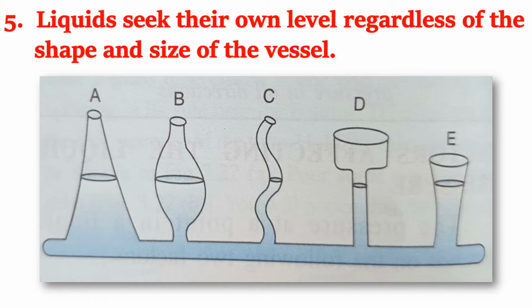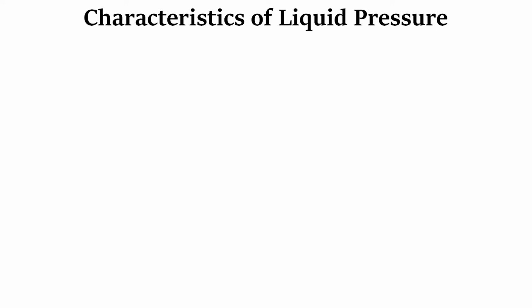But what do we notice? We notice that the height of the level of liquid in tubes of different cross section always remains the same, although the volume of water is different in different tubes, as is visible in the figure. This is called hydrostatic paradox. So now let's summarize all the characteristics of liquid pressure once again.